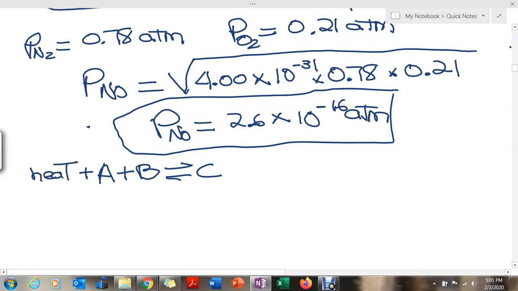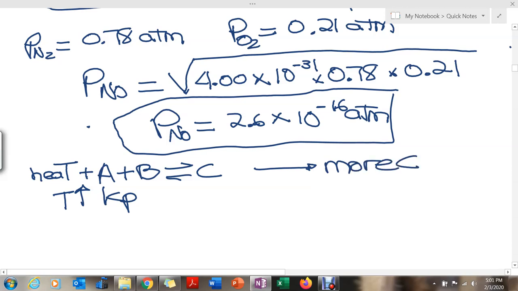So if you increase the temperature in an endothermic reaction, the Kp is going to increase. The Kp increases because it's going to shift to the right, and it's going to produce more C.